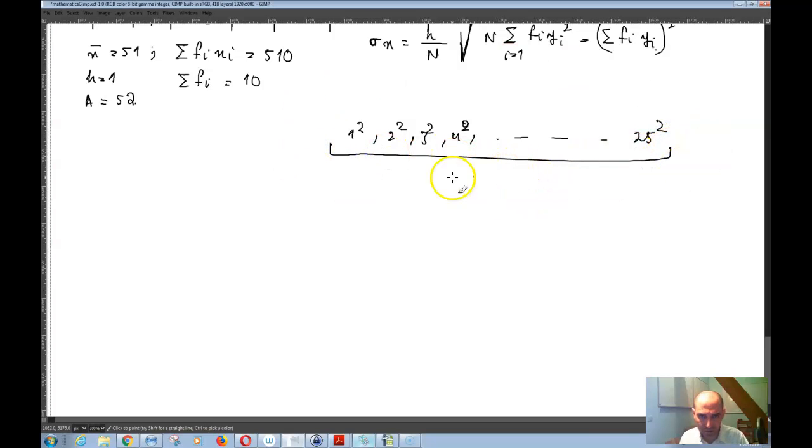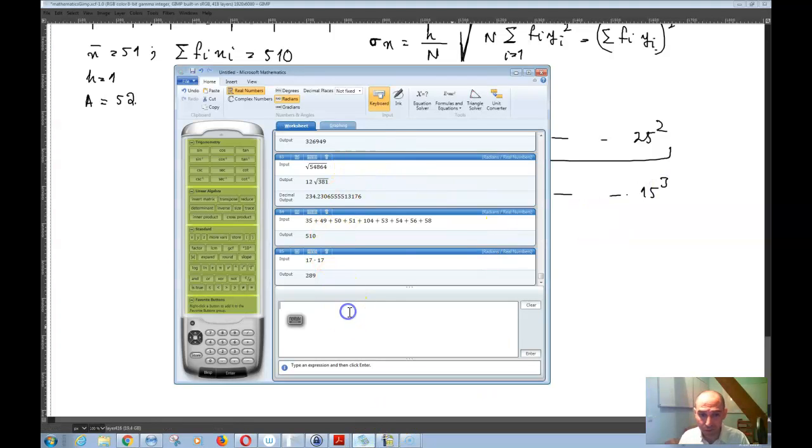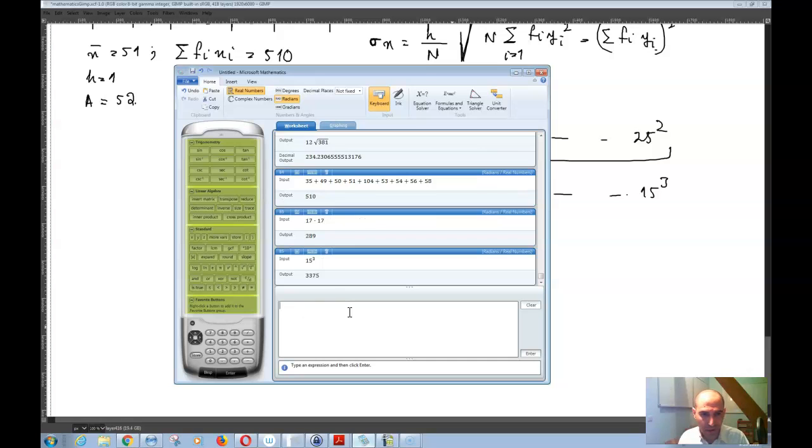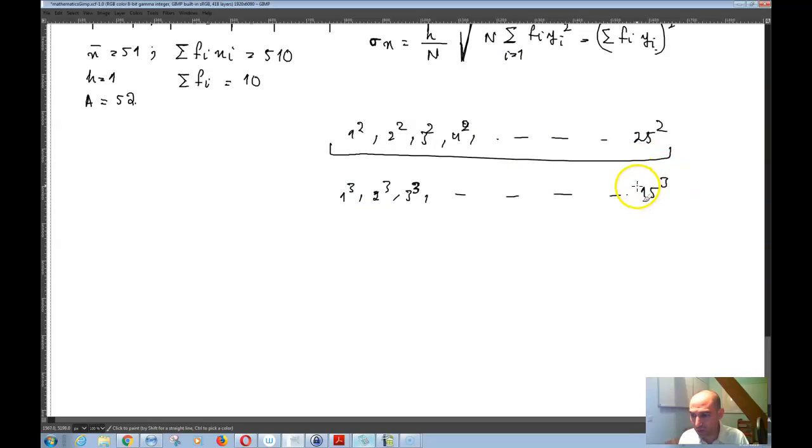Memorize all of these. And you go from 1 cube, 2 cube, 3 cube, and go all the way up to, for example, 15 cube. 15 cube is probably something about 3,375. That's not that large a number, and you do need it anyway.